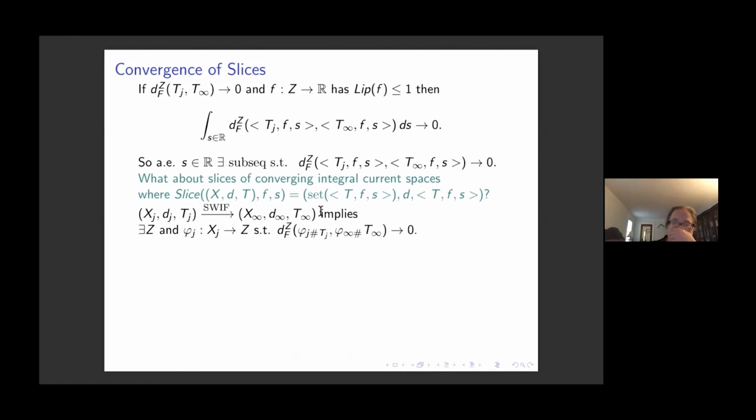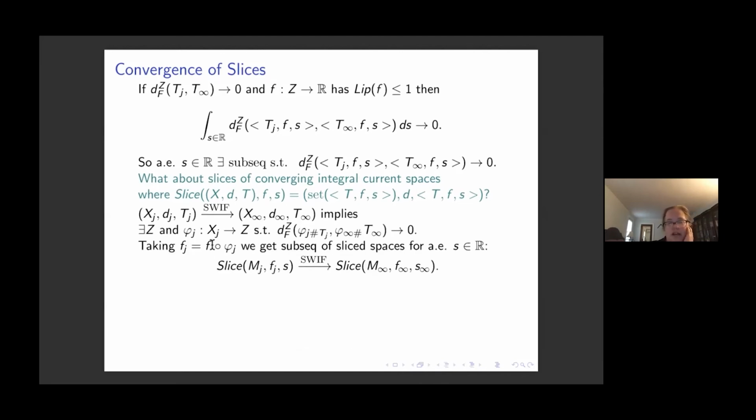So if these swift converge, then there's a Z, and we can put them all into the same space, and we can talk about these push forwards. And then we can apply this theorem to these push forwards. This Tj should be big.